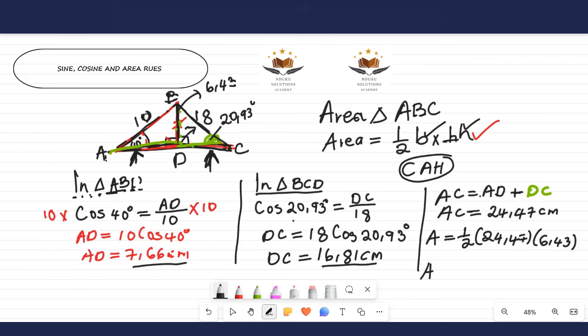And our answer, if you put this in a calculator, will give us 78,67 centimeters squared. Good. So the whole problem was actually using the trig functions, because we had right-angled triangles.